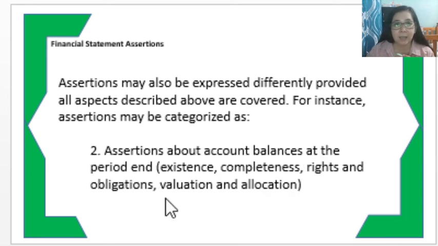And in the second category, assertion about account balances at the period end. So it can include existence, completeness, rights and obligations, valuations, and allocation. But the point here is that all of the assertions mentioned should be present. So depending on how it should be classified, the point is it should be complete. Okay, it should include all these types of assertions.